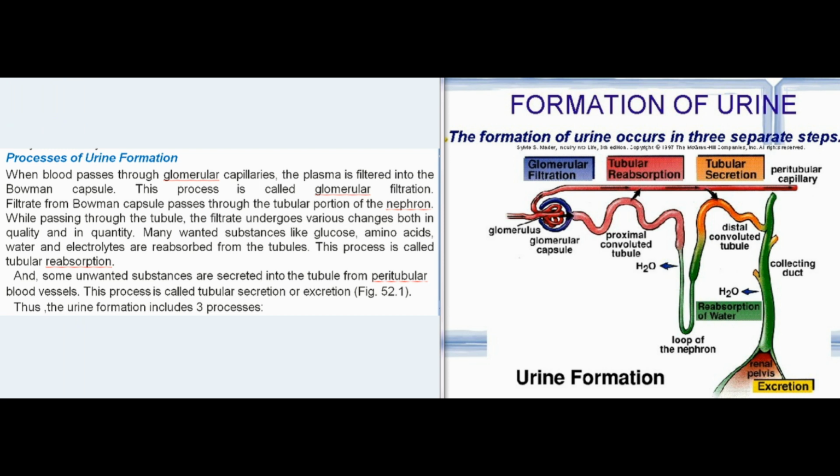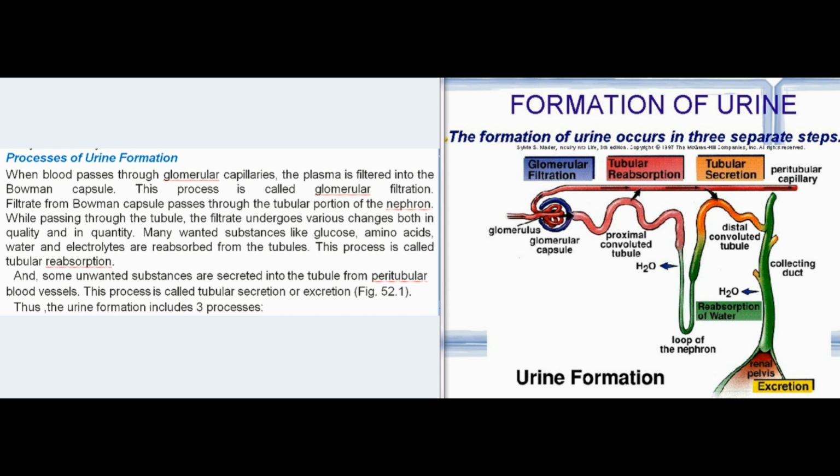Processes of urine formation. When blood passes through glomerular capillaries, the plasma is filtered into the Bowman capsule. This process is called glomerular filtration. Filtrate from Bowman capsule passes through the tubular portion of the nephron. While passing through the tubule, the filtrate undergoes various changes both in quality and in quantity.